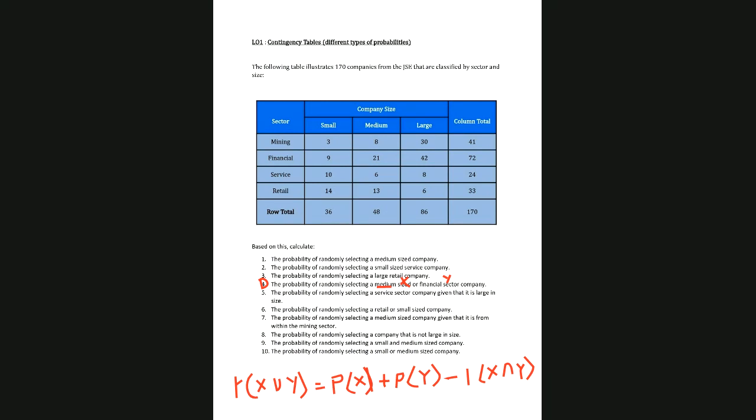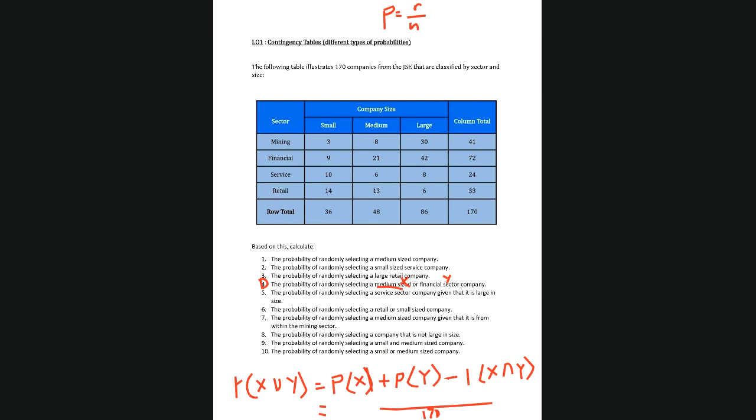So here you have a medium-sized company. I'll show you both ways. The first way is according to the formula. If you do follow the method of just having one denominator, remember the formula is R over N as always. So N is 170. Then you would have probability of X, which is a medium-sized company.